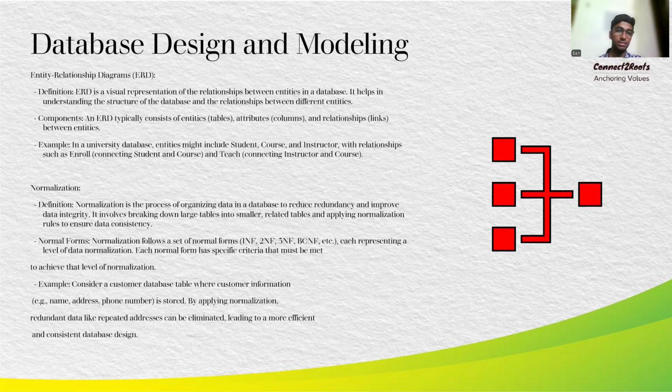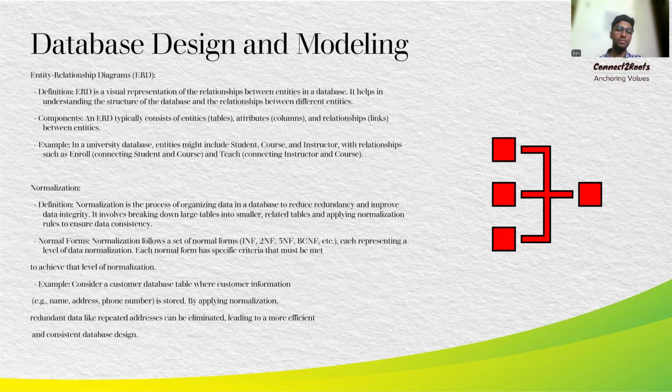Then another term is normalization. Normalization is a process of organizing data in a database to reduce redundancy and to improve data integrity. It involves breaking down large tables into smaller related tables and then applying normalization to ensure there is data consistency throughout.